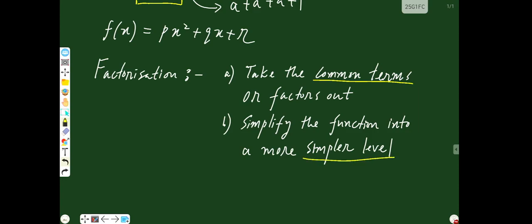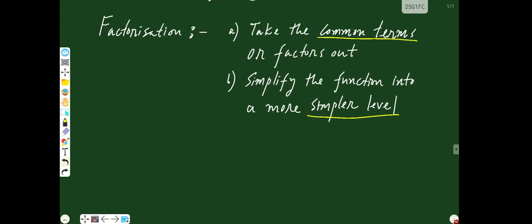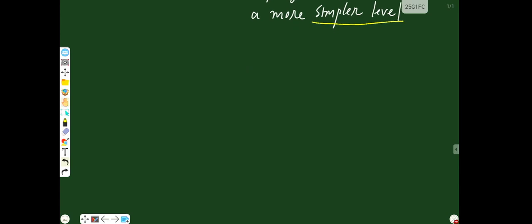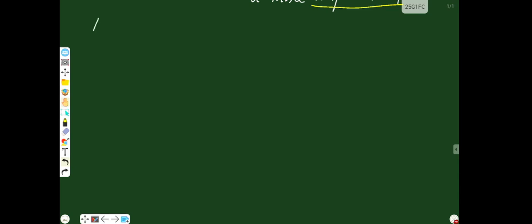These are the things we are going to do in factorization. Now we are going to discuss some of the quadratic equations and how to factorize them. So factorize the following.